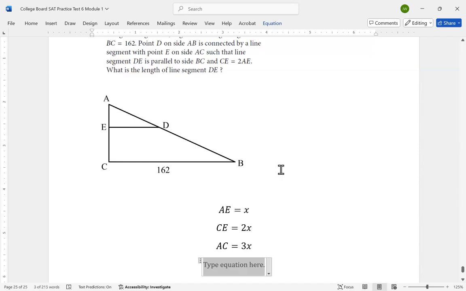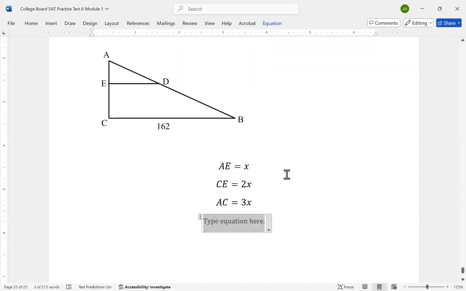So this means that BC is going to be 3 times as big as DE. So if I want to figure out how long DE is, all I have to do is divide side length BC by 3.